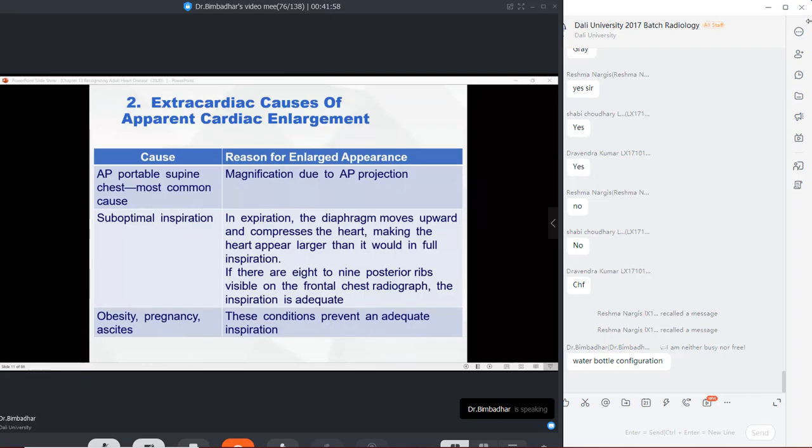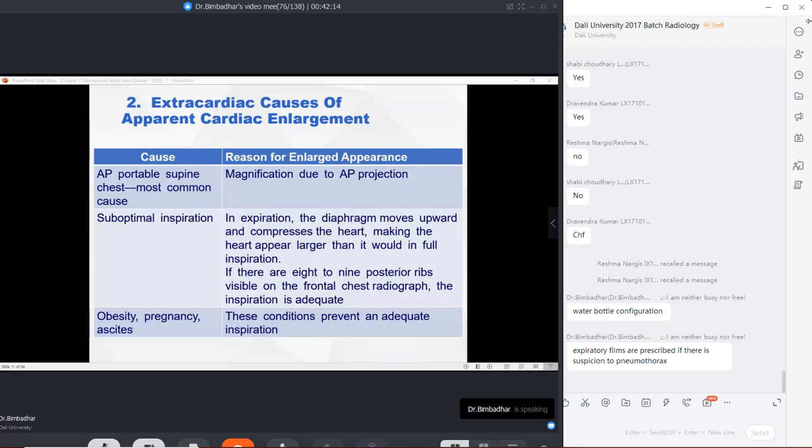Expiratory films are prescribed if there is a suspicion of pneumothorax. If the physician suspects the patient might have a pneumothorax, he actually wants an expiratory film.